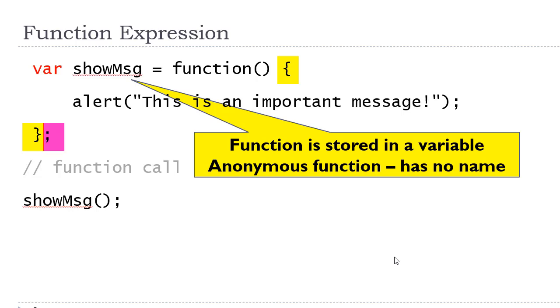We also have a semicolon at the end of that curly brace because this is technically a statement. That function call would be the same as if it was a function declaration. However, the variable can also be used in code to execute the function.